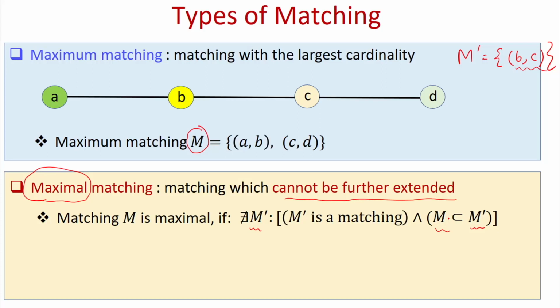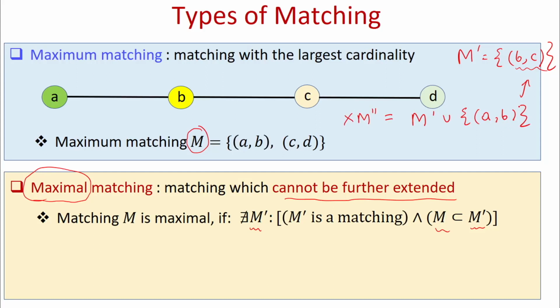So that's why your matching M prime is a maximal matching, because you can't add any other edge in M prime and still get a new matching. Why so? Because I can't add the edge a comma b in M prime: if I add the edge a comma b to get, say, M double prime, then M double prime is not a matching.